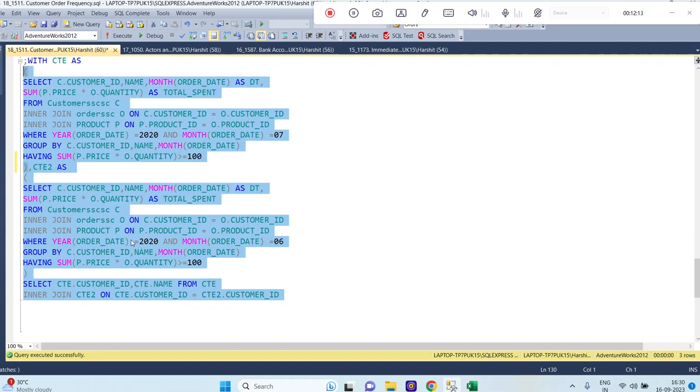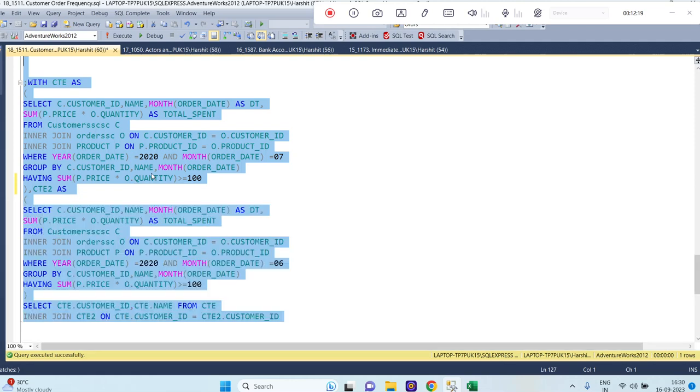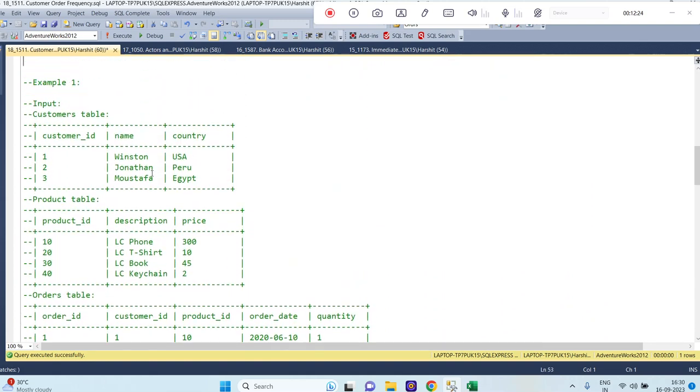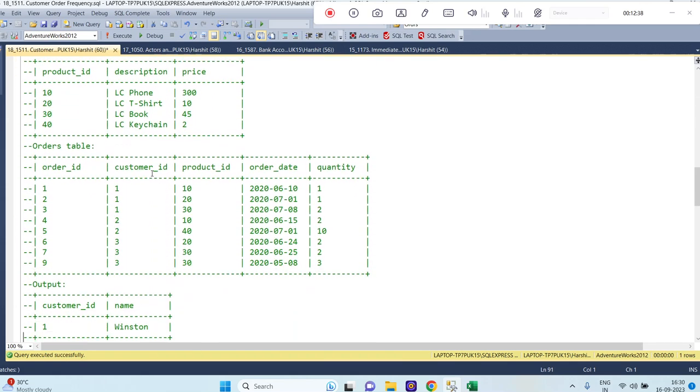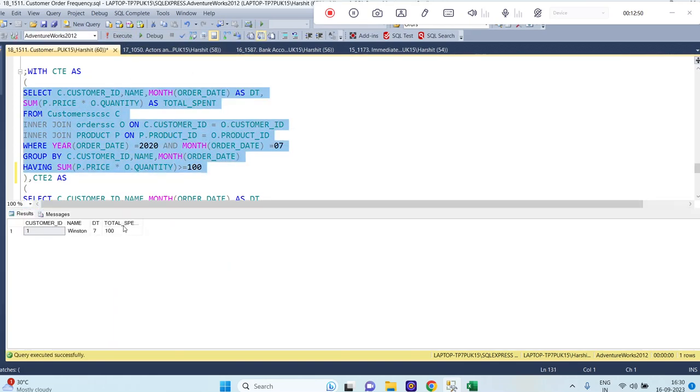Let me jump to the question again. Write an SQL query to report the customer ID and customer name of the customers who have spent at least $100 in each month of June and July. So we need common data between both of these tables, right? From July, if you see over here, only customer ID 1 has spent this much amount.